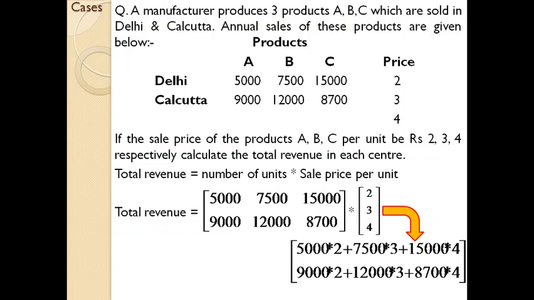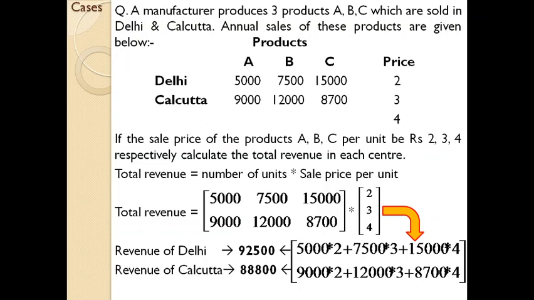So by solving this bracket, you will get the total revenue earned by the manufacturer in Delhi, the first one, that is 92,500. If you solve the second row, you will get the total revenue earned by the manufacturer from Calcutta, which is 88,800.